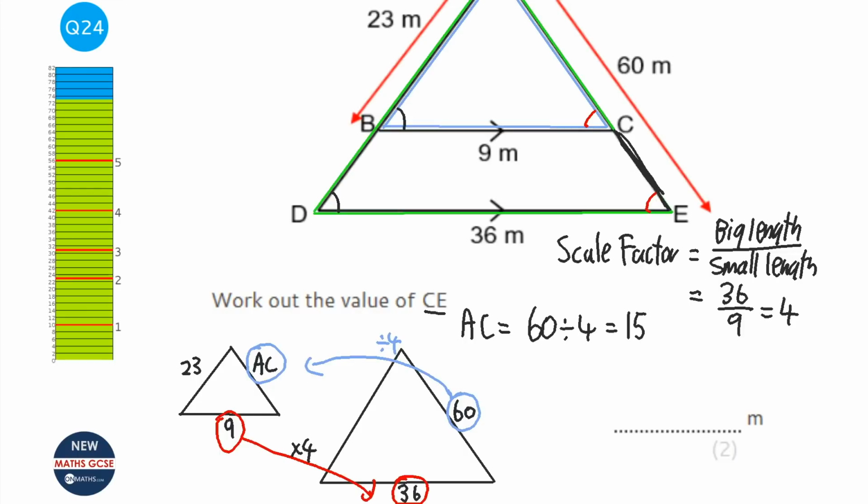So we know that it's going to be 15 here for this bit, okay? But the total is 60, and we're looking for what's left over. So we're going to do CE equals the total 60, take away the bit we know that we don't want, and that's going to be 45. So the answer is 45.